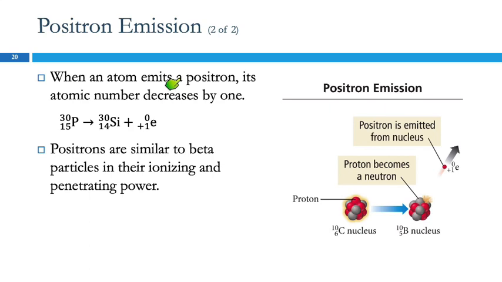So if you emit a positron, then the atomic number decreases by 1, because a proton got turned into a neutron. So there are fewer protons. Positrons, being the antiparticle of an electron, are very similar to electrons, to beta particles, in ionizing and penetrating power. They'd also be four-door sedans, maybe a different color.